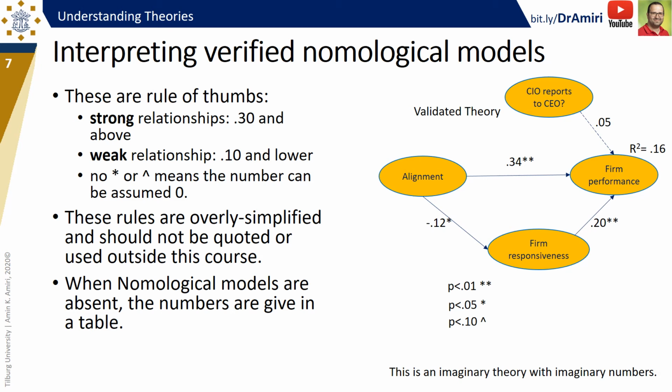If you don't see any asterisks or hats next to a number, that means that relationship is not supported by data analysis. Note that these rules are overly simplified and you should not quote them outside this class. It's just for you to have a base understanding of how we can interpret models like this.